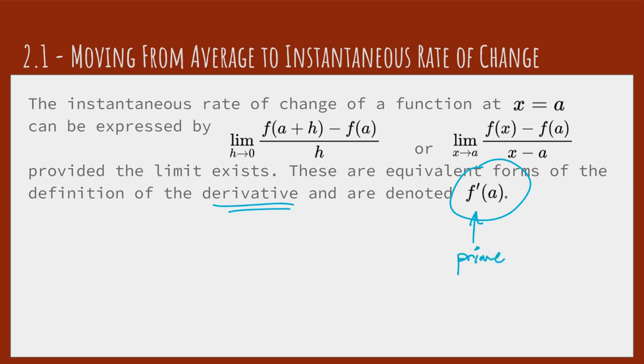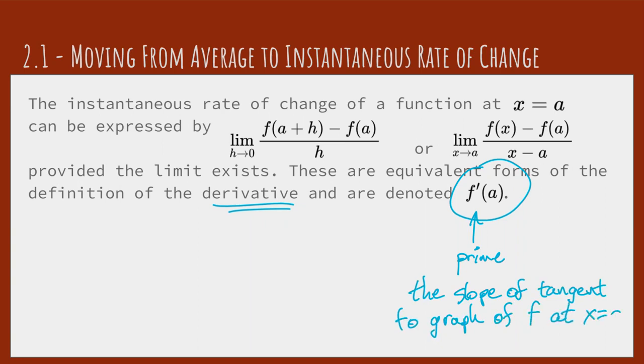So we say f prime of a gives us the slope of the tangent line. I'm going to be pretty specific here. The slope of the tangent line to the graph of f at x equals a. Okay, so this is the definition of the derivative, which is how we solve the tangent line problem.